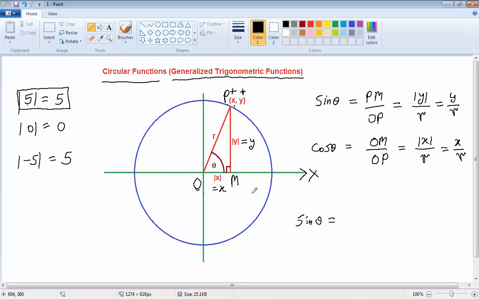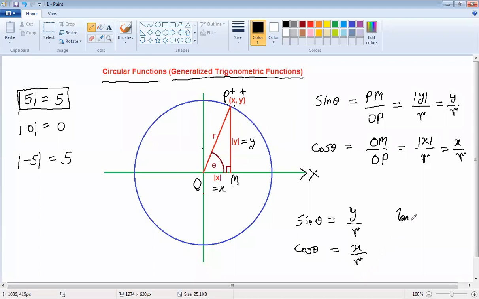But for any angle theta, whether acute, 90 degree, obtuse, 180 degree, or even more than that, sine theta is always defined as the value of the y coordinate divided by the radius. And cos theta is defined as the value of the x coordinate divided by the radius.